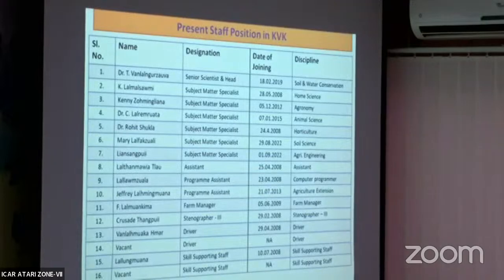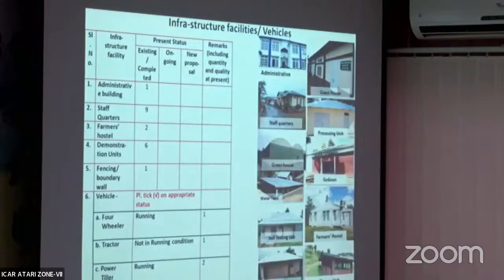This is the present staff position. Out of the 16 sanctioned posts, 2 posts are vacant, and the recruitment process is going on. This is the infrastructure that we have.